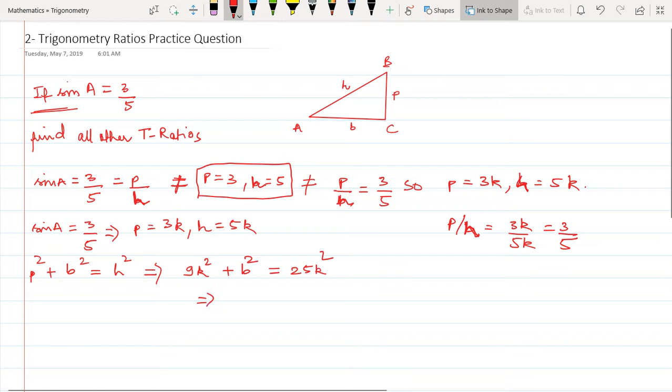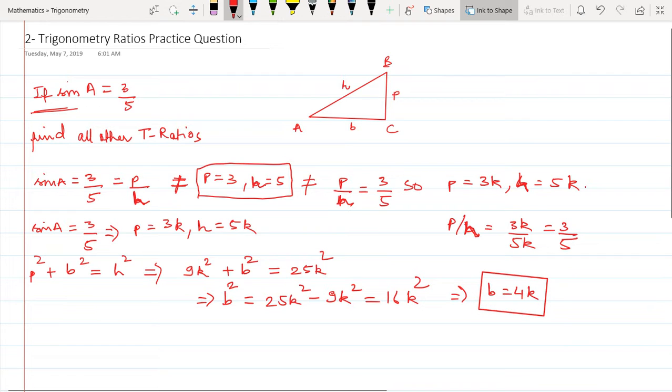What I get here is that b square is equal to 25k square minus 9k square, that is equal to 16k square. Now b square is equal to this 16k square, and this means that b is equal to 4k. Now you have to look at this very carefully.